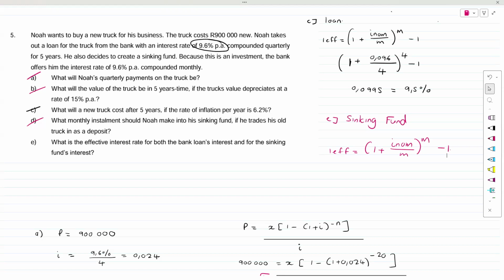Okay, that's the monthly. So here, this would be 1 plus 0.096 over 12, all to the power of 12 minus 1. And this answer should give us 0.10034, which is 10.03%. And that's all there is to sinking fund.